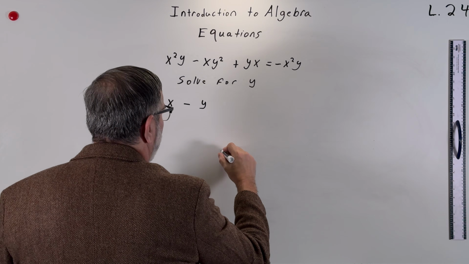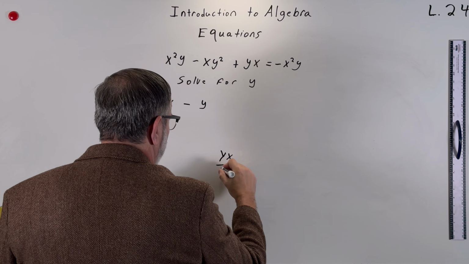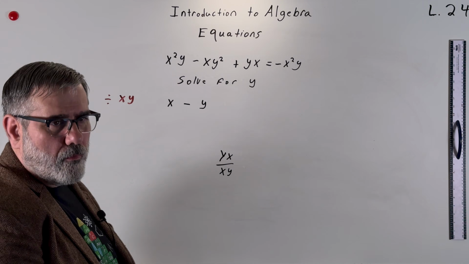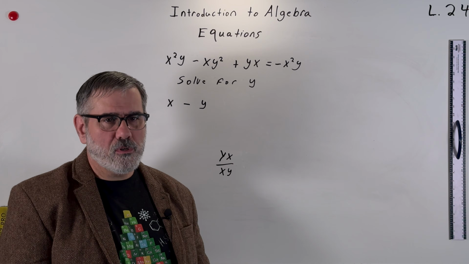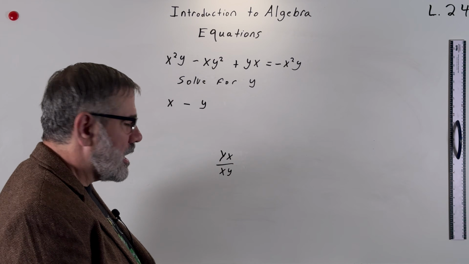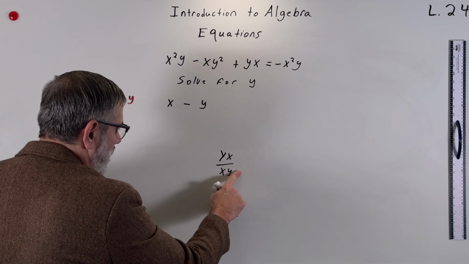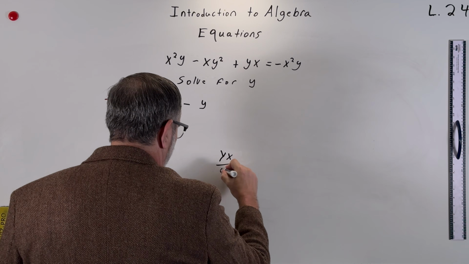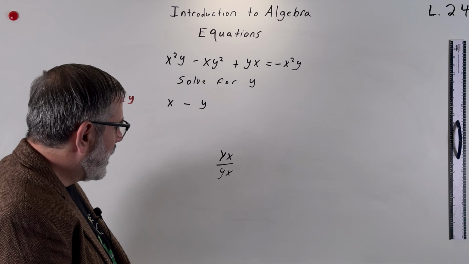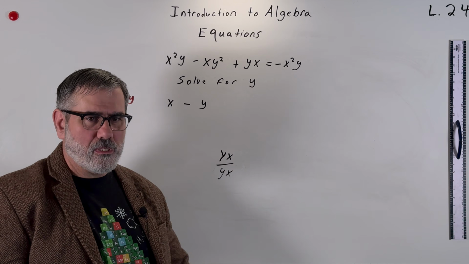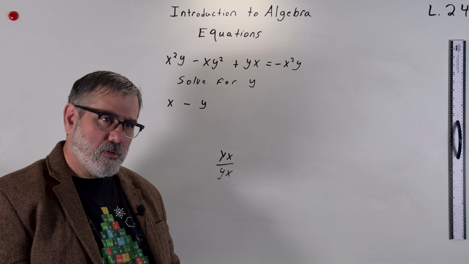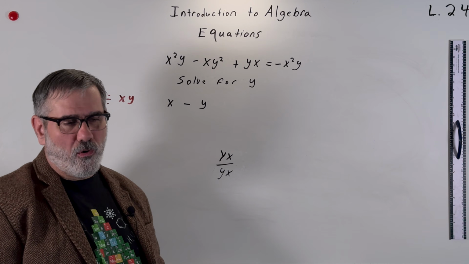Let's look at it for just a second. I have yx divided by xy. Well, these variables represent numbers, and numbers commute. That means that x times y is the same thing as y times x. So I can just rewrite it if I like, y times x. And if I have the same thing in the numerator as in the denominator, what's that equal to? What is 5 over 5? Or 9 over 9?